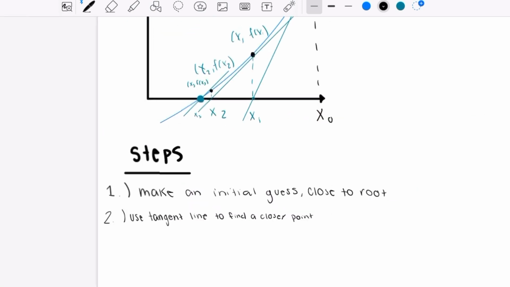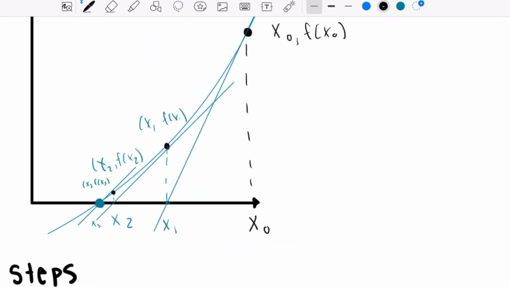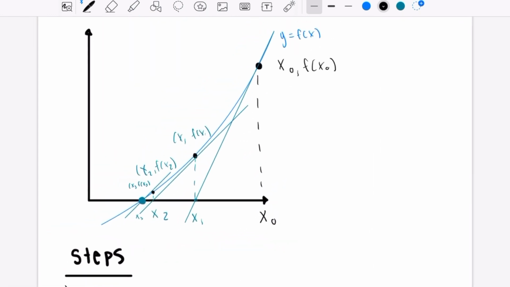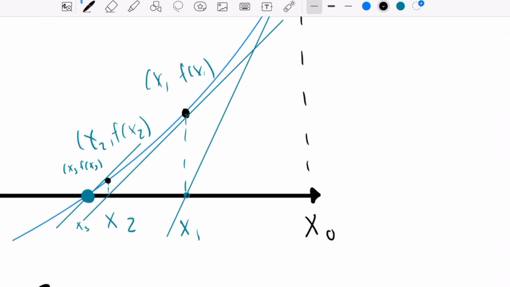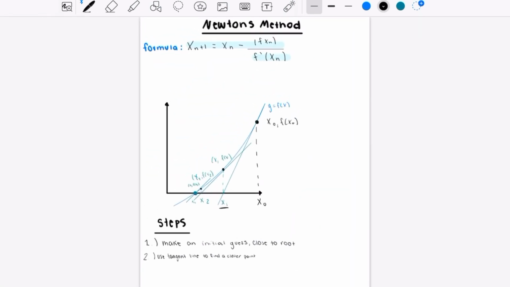Now, if we want to look at this visually, we can see we did that by finding the tangent line of x sub 0, which would give us this, and then from x sub 1, we found a new spot, and we repeated the process with another tangent line, and so forth. Now, we're going to continue to use step 2, or finding the tangent line, until our tangent line converges with our desired point on the x-axis. And this will make sense later.